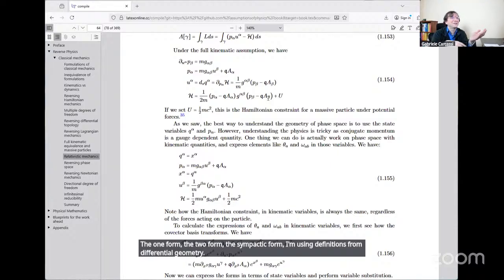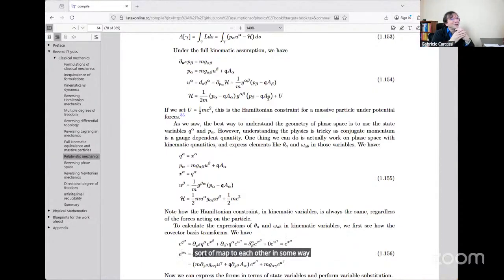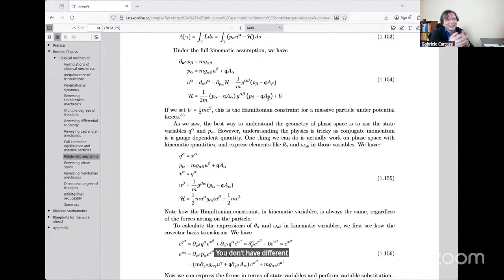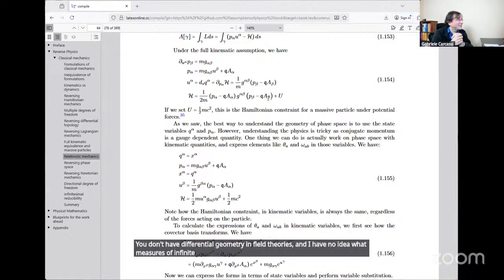And differentiability there is slightly different than the other thing. If I have a finite dimension, all these things map to each other in some way. But when we want to do field theories, that's why I can't, because you don't have differential geometry in field theories, and I have no idea what measures of infinite dimensional spaces are and all that.